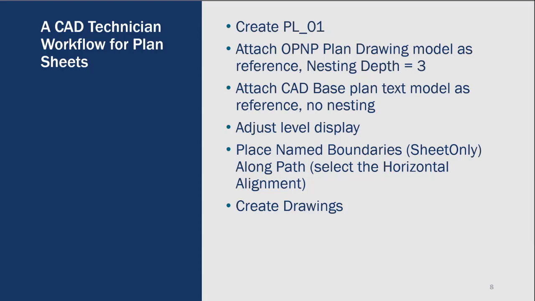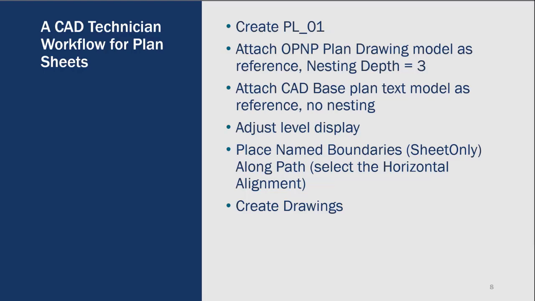If you have more than a few sheets, you would not use sheet only, but you would use something like plan full or plan notes. I would use a long path, and this allows you to select the horizontal alignment that you will see coming in from the reference. This is not new, but when I did the original videos, the path that you selected had to be in the active file.